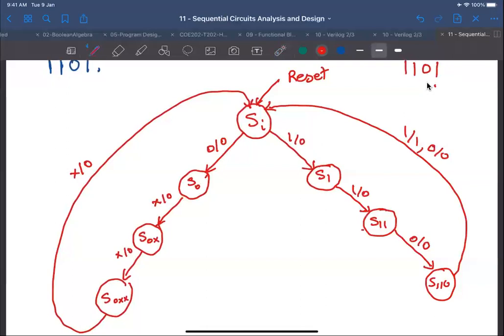Excellent, because I have only one input to process and then move to the initial state. So this is if I receive a 1, and then the output will be 0. What if I am in S1 and I receive a 0? Where do I go? It will go to S0X. Excellent. So I receive a 0, the output will be 0.